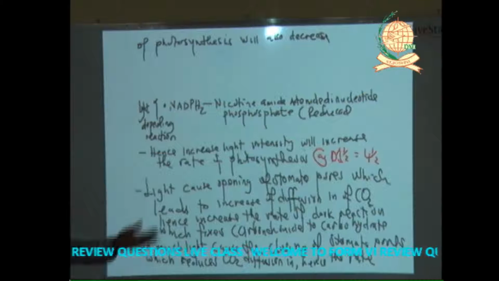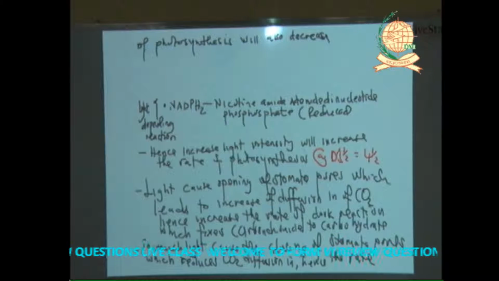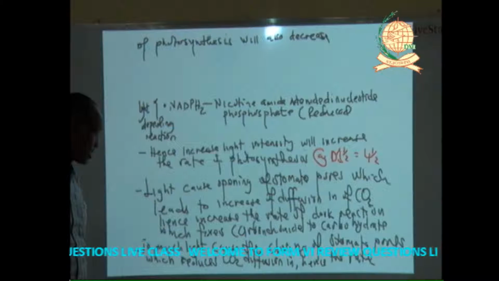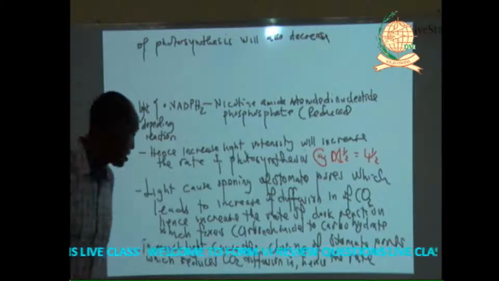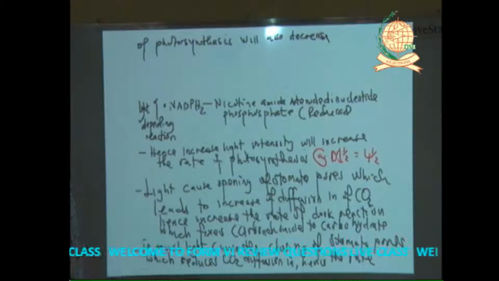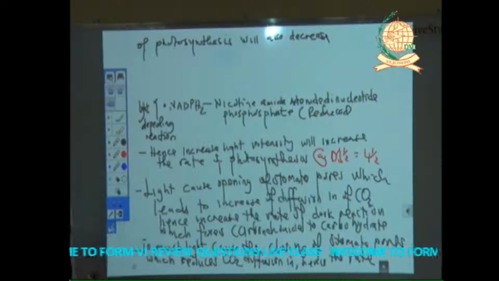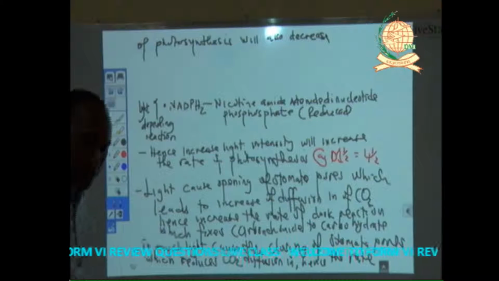This leads to the diffusion of carbon dioxide and hence fixation of carbon dioxide to carbohydrate. Lastly, the fourth one is that when light intensity is too much, closing of stomata will occur, and that will decrease the diffusion of carbon dioxide, and hence it also decreases the rate of photosynthesis. So that is question number 5.